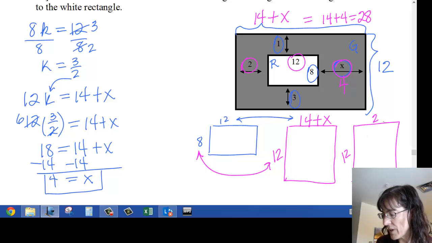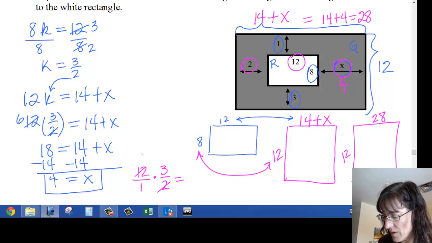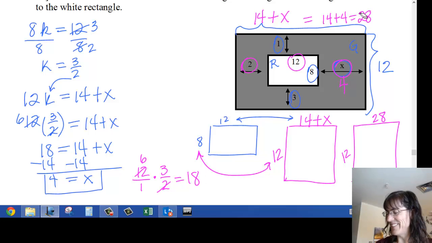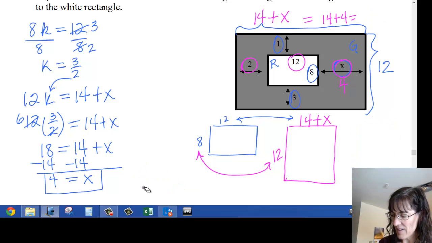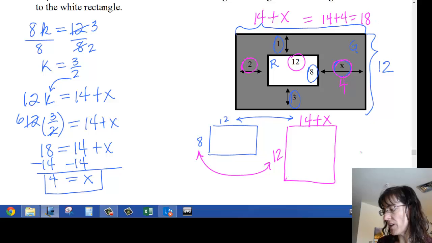12 and 28. If I multiply 8 times 3 halves to get 12, then if I take 12 times 3 halves, you get, oh my gosh, really? So 14 plus 4 is going to give me 18.